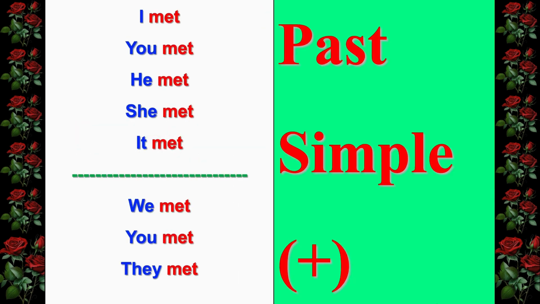I met you yesterday. We say nice to meet you in the present, and in the past, I met you. I met, you met, he met, she met, it met, we met, you met, they met.